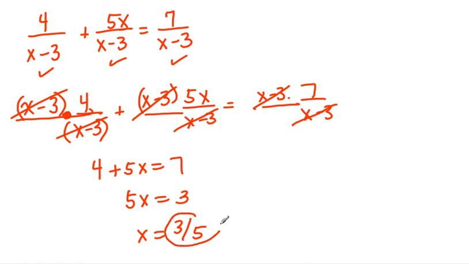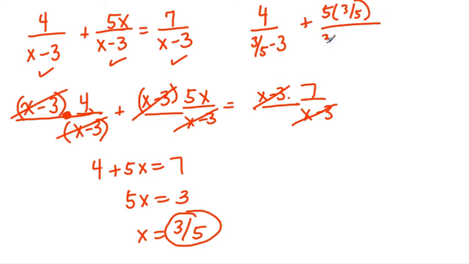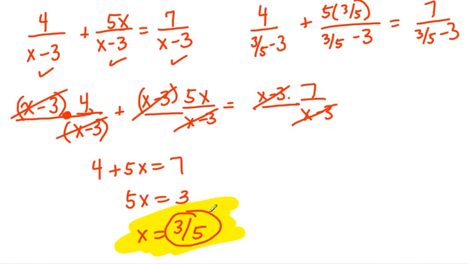If I put 3/5 in for x, what could I never have on the bottom? Zero. Does putting 3/5 in for x put zeros on the bottom anywhere? No. So this is a solution. Boom. You with me? That's not too bad, is it?